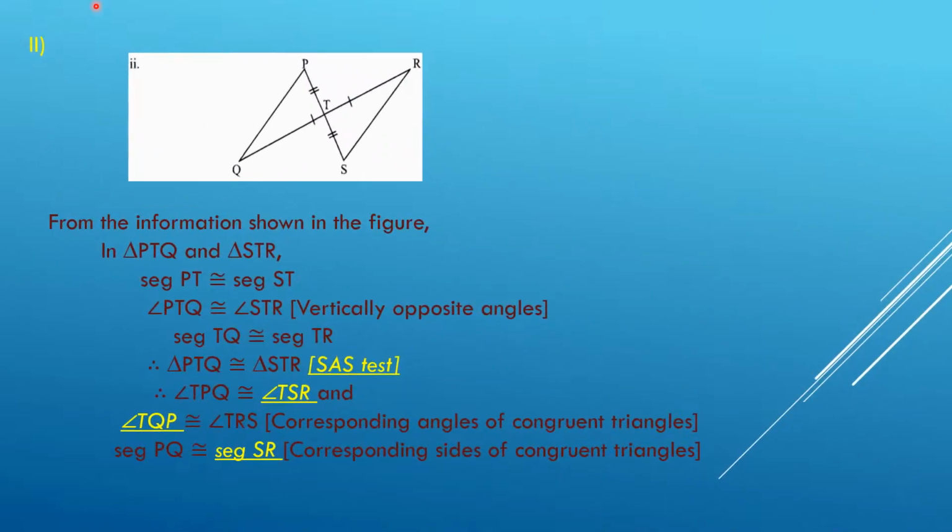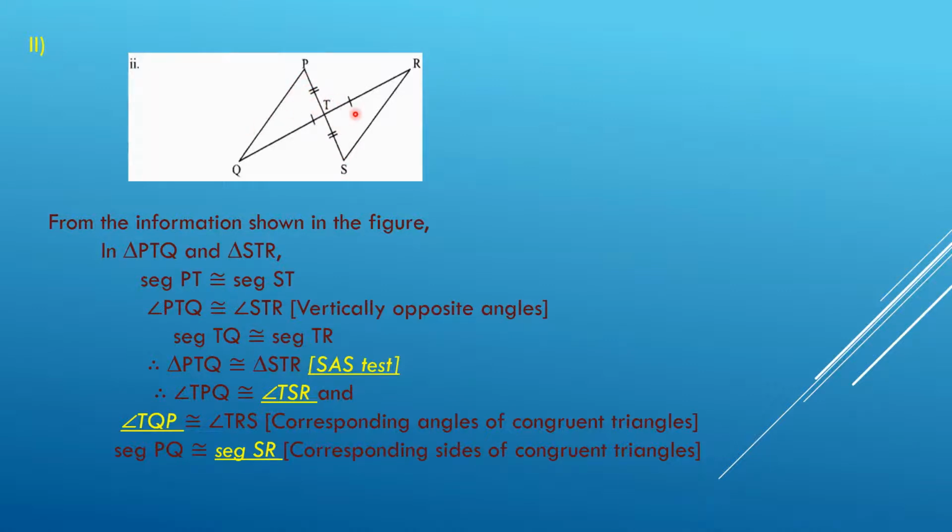Number 2, the figure is already given in the question and the corresponding congruent parts are also marked in the figure. The information is already given. You have to write by which test these two triangles are congruent. From the information shown in the figure, in triangle PTQ and triangle STR, segment PT is congruent to segment ST and angle PTQ is congruent to angle STR.